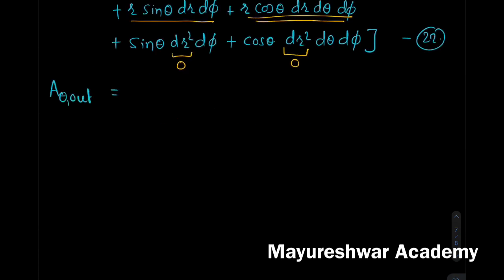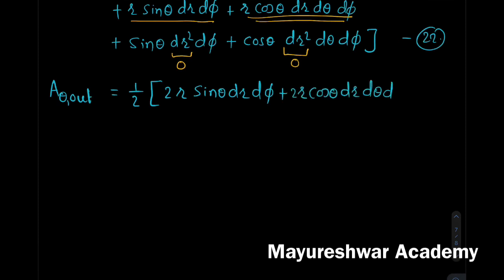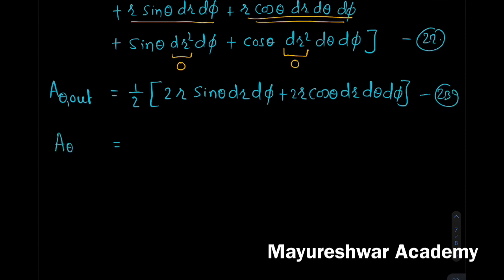A theta out is going to be 1/2 of twice r sine theta dr d phi plus twice r cos theta dr d theta d phi. So the 2 will go off. A theta out is r sine theta dr d phi plus r cos theta dr d theta d phi.